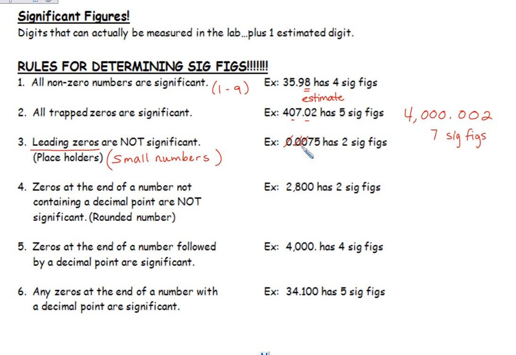Those leading zeros were not physically measured. Whatever this was, it was really small. So we didn't really start making a measurement till the 7 and the 5 was our estimate. And both count as significant. Now this would be the same as if you had 0.0075.